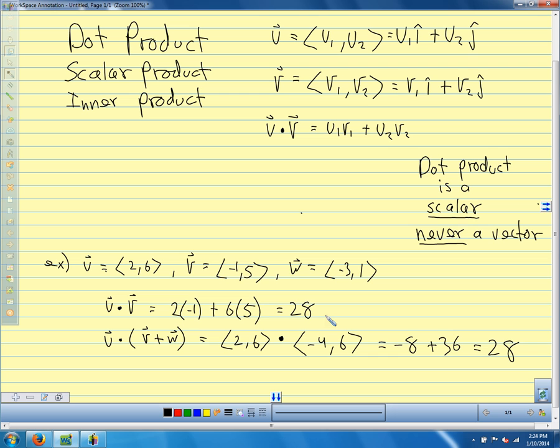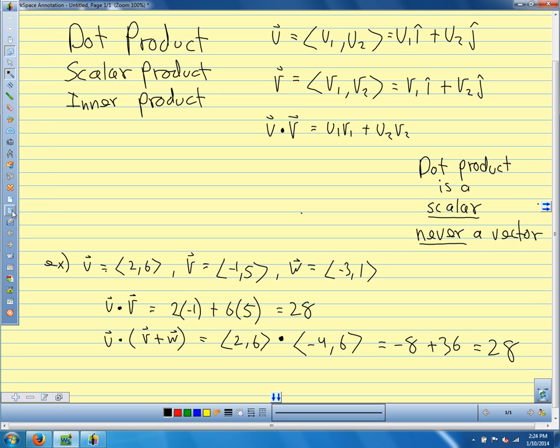So those are two big examples: we use the dot product for work and the dot product for distance. But what we're doing now is more just an introduction and just manipulating the dot product. So any questions on how we calculate a dot product if we have our vectors in component form?